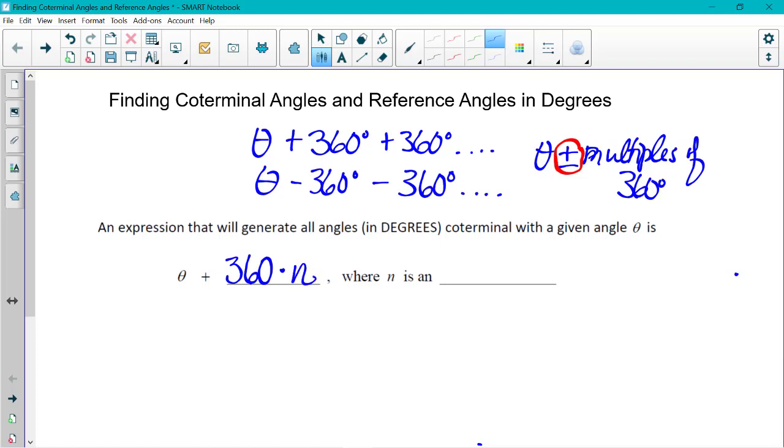So we're going to let n be the number of times we add. And we're going to say that n is an integer, which means it represents a positive and negative whole number. So when it's a positive integer, we're adding. When it's a negative integer, we are subtracting.